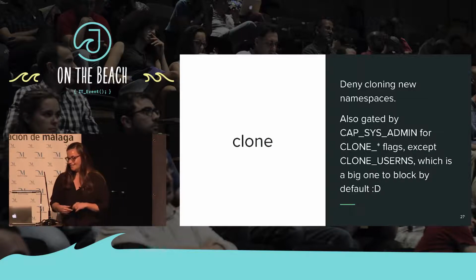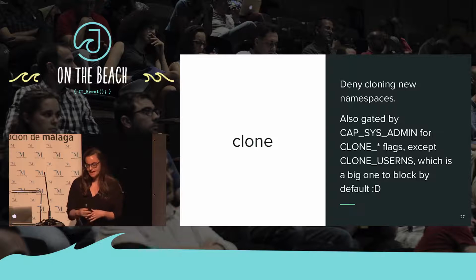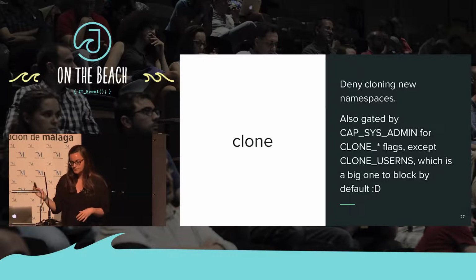Another one is clone. This denies not everything in clone, but cloning new namespaces. So if you're setting the flags for CLONE_NEWNS or CLONE_NEWNET, all those things are going to be blocked, which are already gated by CAP_SYS_ADMIN anyways, except for CLONE_NEWUSER, a new user namespace.